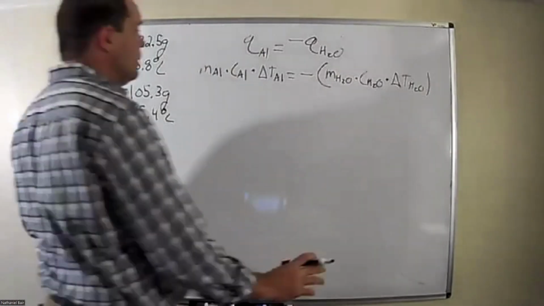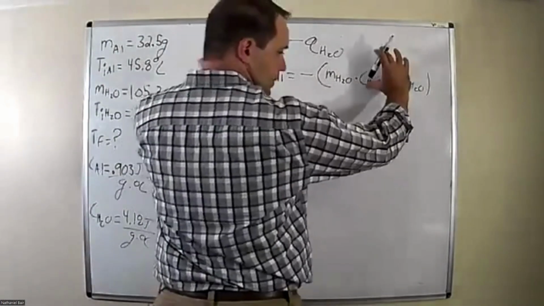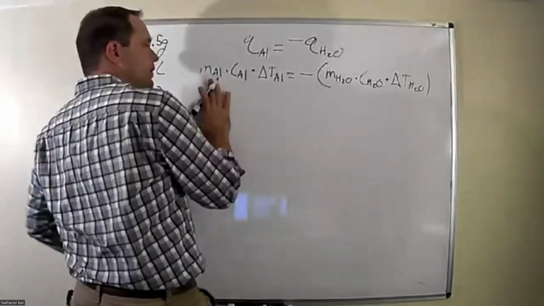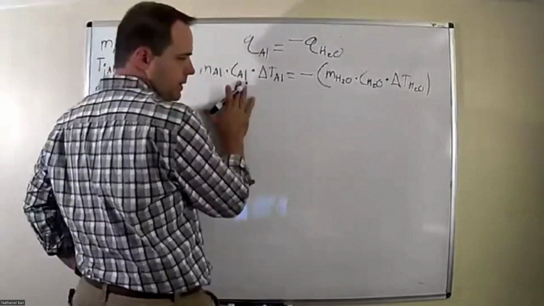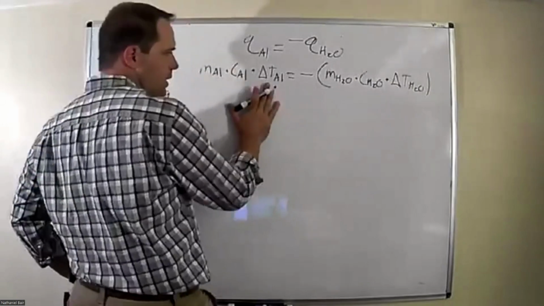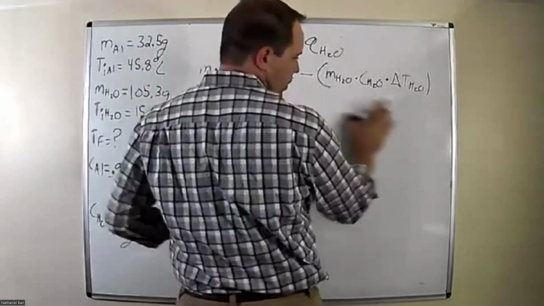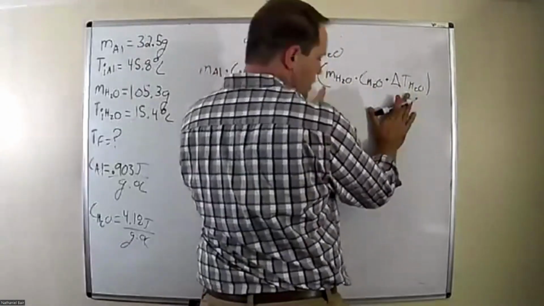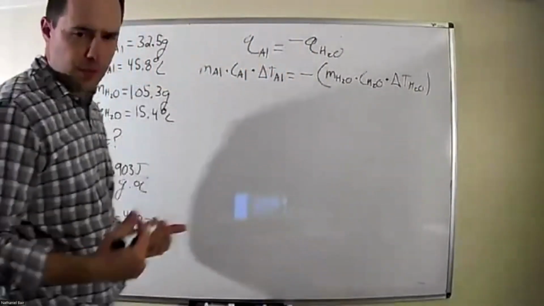So hopefully what you see, Q equals MCΔT, Q equals MCΔT, right? So the mass of the one substance times its specific heat capacity times its change in temp has got to equal the negative quantity mass of the other substance times the heat capacity times its change in temp. So now we can start filling in values.